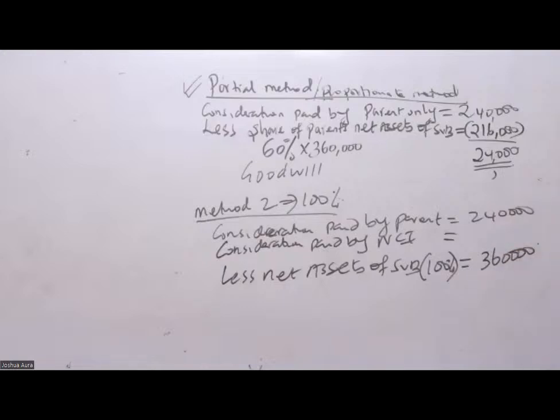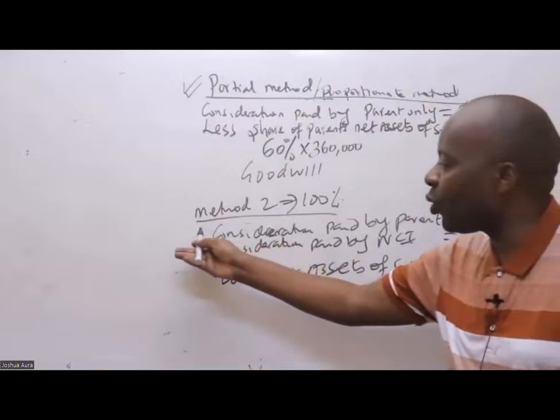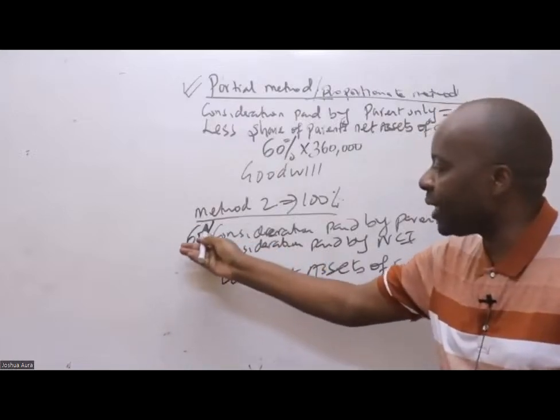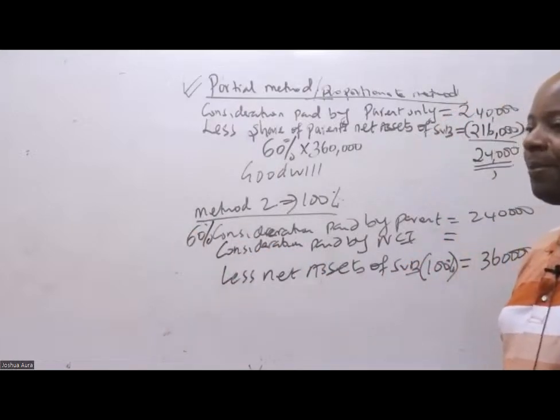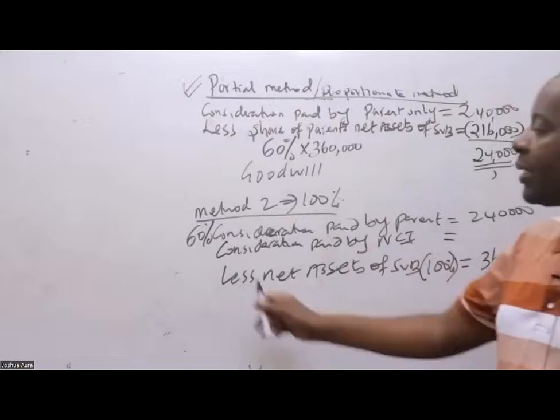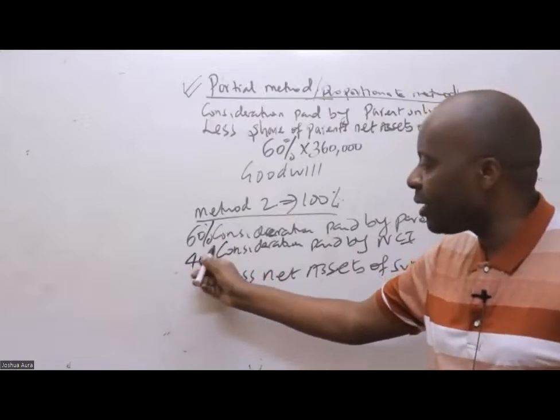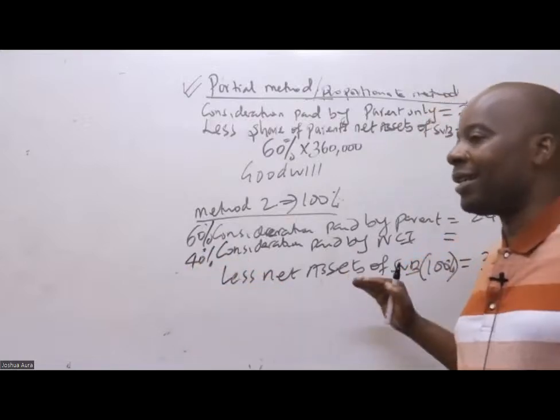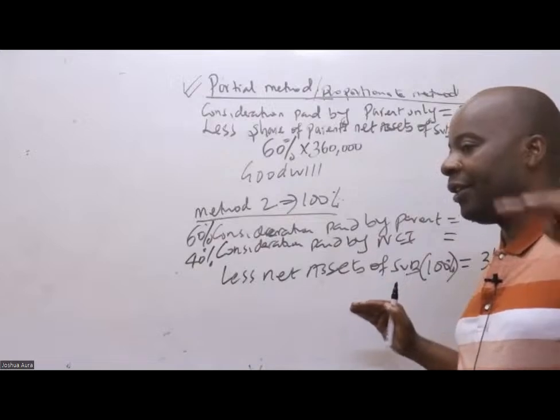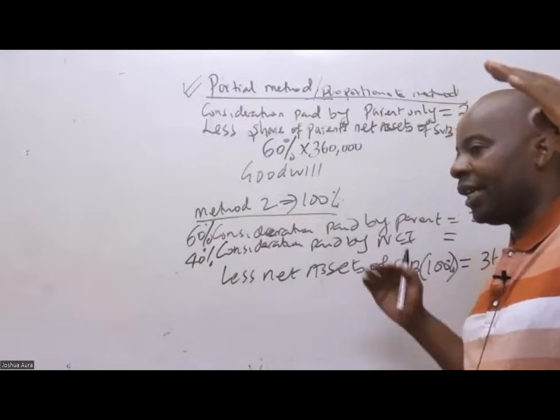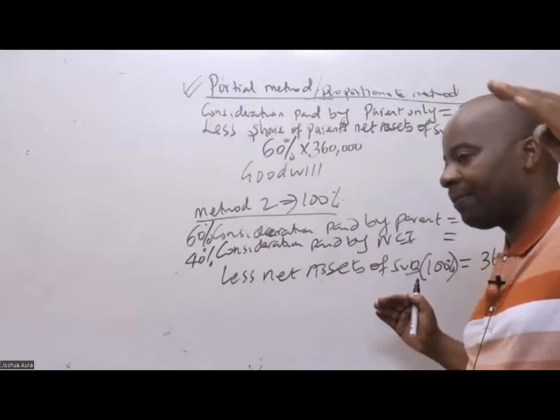Now listen, remember it's 100% reason. This parent company, of course, in this case here had 60%. Now, NCI then must be having 40%. If the parent has 60%, NCI must be having 40%.